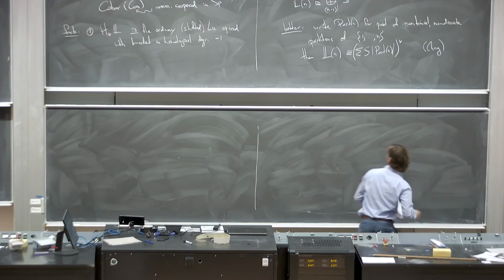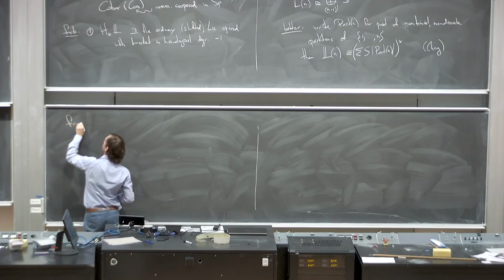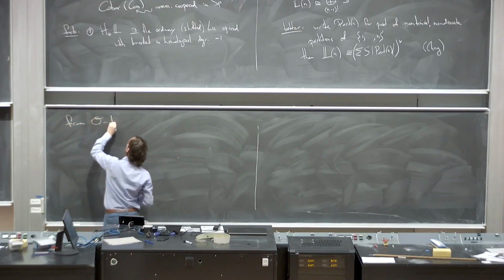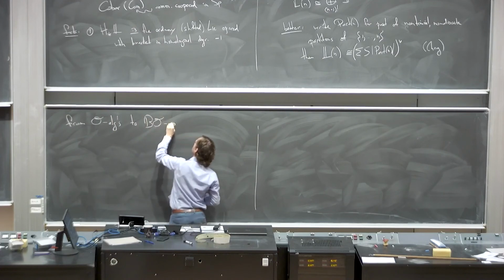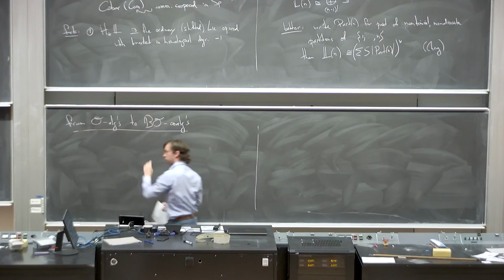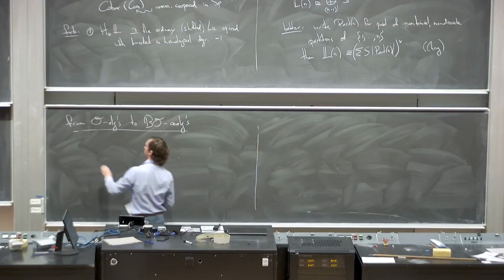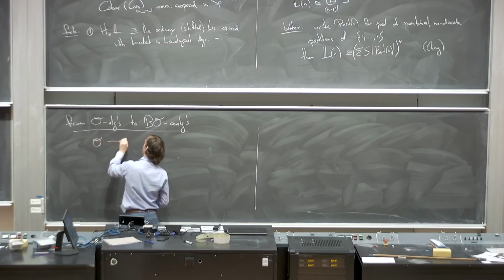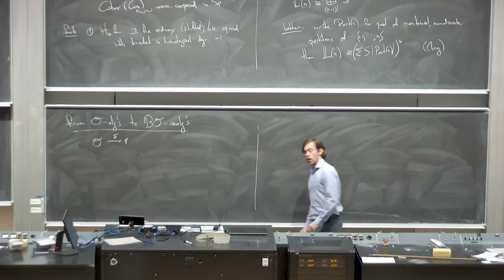From O algebras to BO co-algebras. So if we have one of these augmented operads O, right? So I have an operad O with an augmentation to the trivial operad. Let's call this augmentation epsilon.